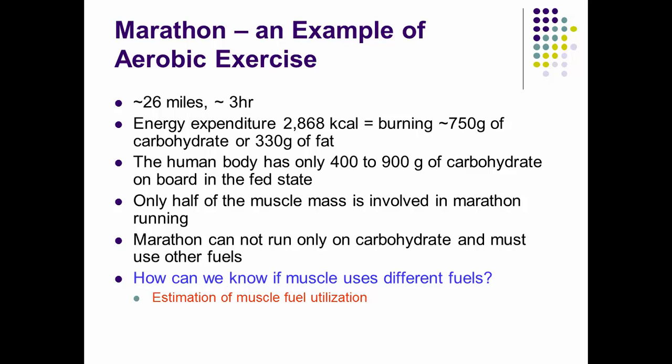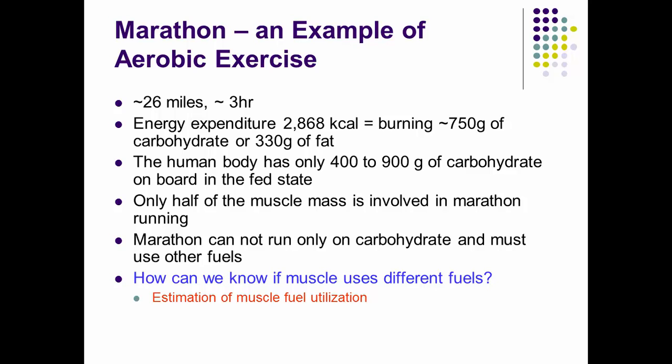And remember that our body only has 400 to 900 grams of carbohydrate on board. We talked about this before, right? During the exercise, only half of the muscle mass is involved in the marathon. So that means we only have about 200 to 450 grams of carbohydrate available for oxidation.